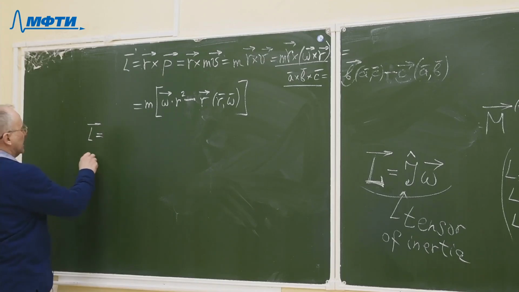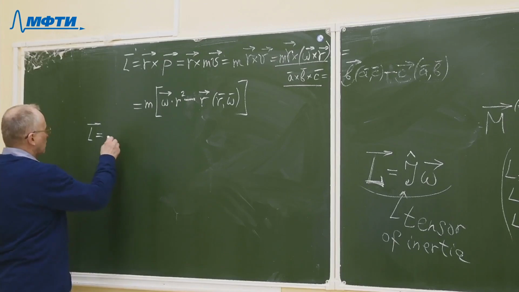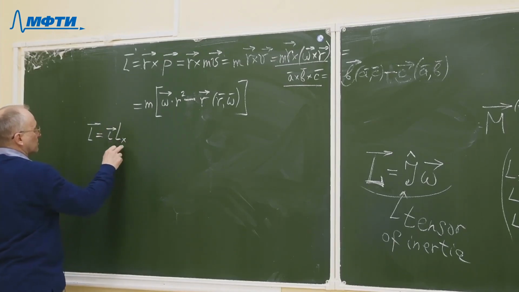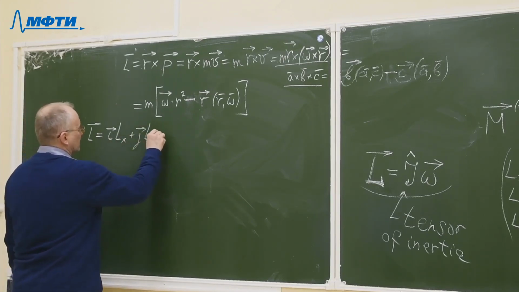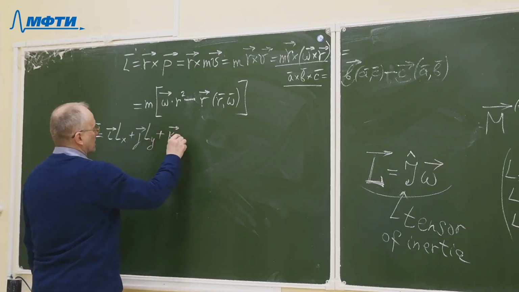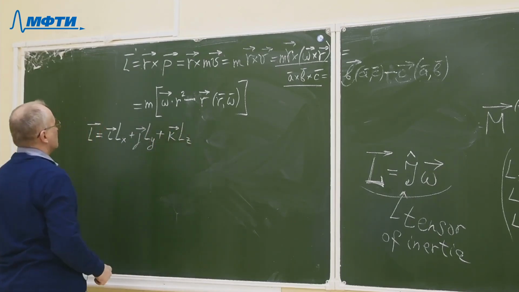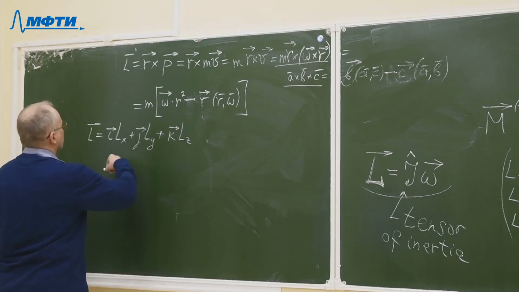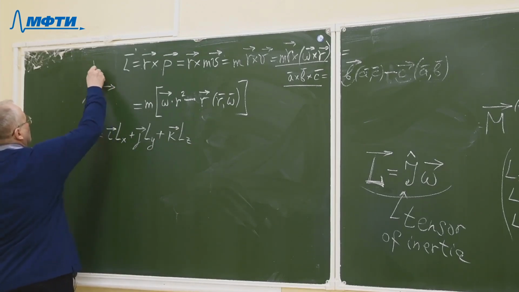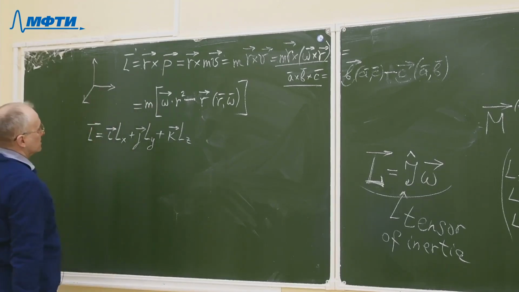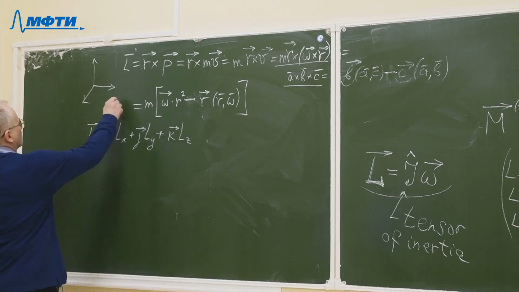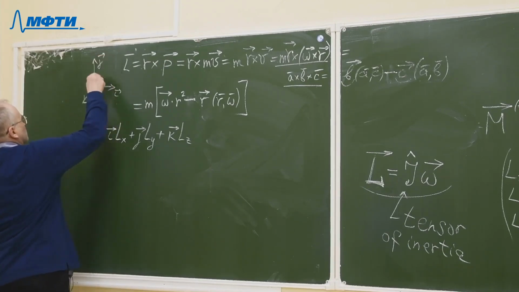Any vector quantity can be expressed through its components. So it's unit vector I, Lx, the x component of vector L, plus unit vector J, the y component of vector L, plus unit vector K, the z component of vector L. And the unit vectors I, J, K look along the axes of the Cartesian reference frame.